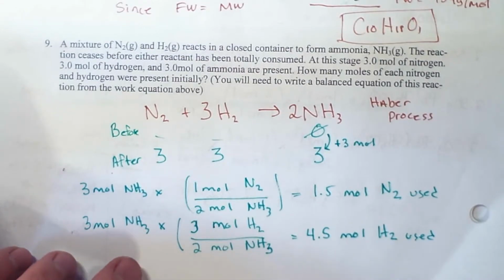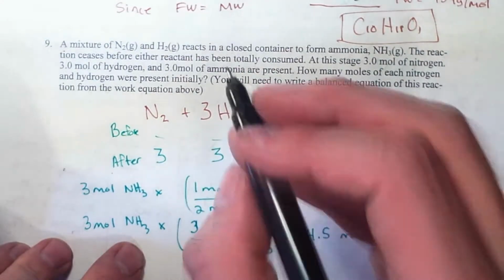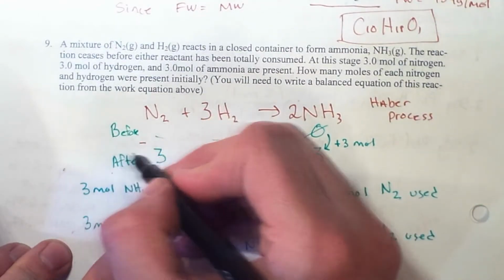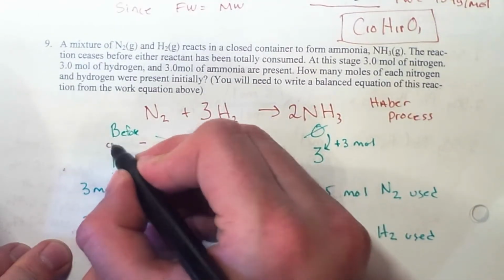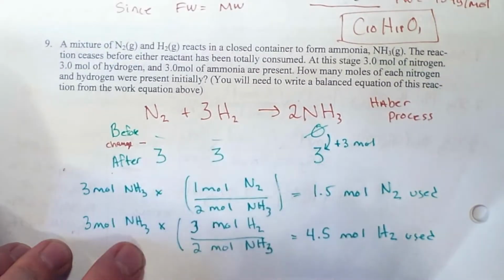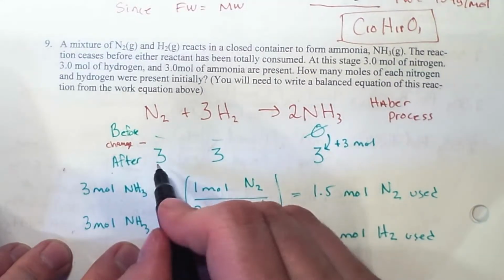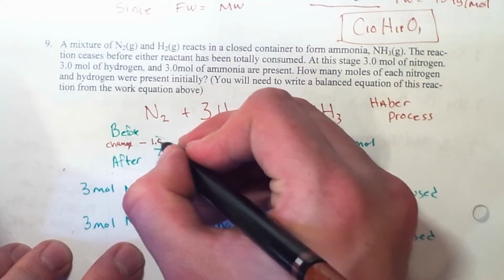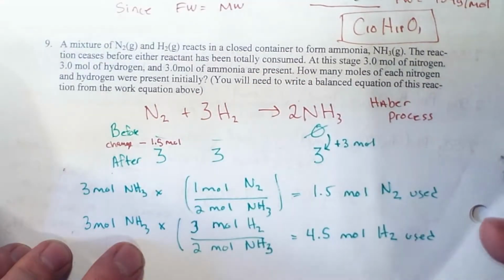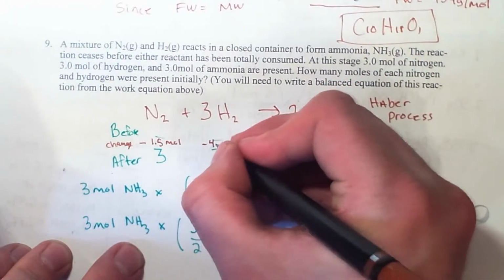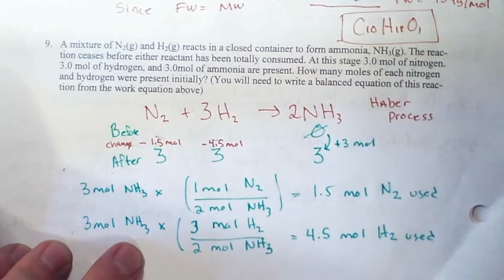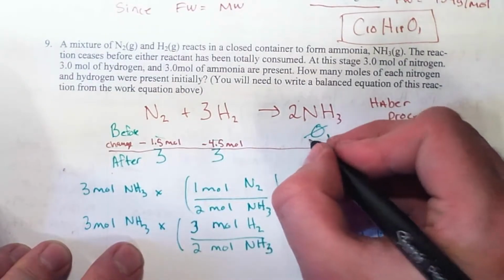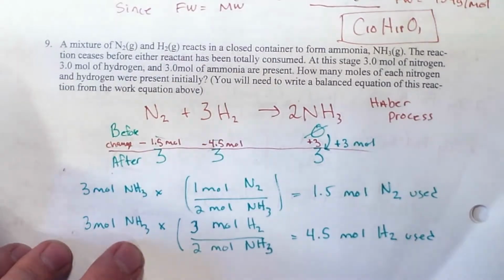So now we just look at the question. I'm going to write a little change here. So I know that I ended with 3. I would have used 1.5 moles of nitrogen, and I would have used 4.5 moles of hydrogen. I would have gained 3 of those.